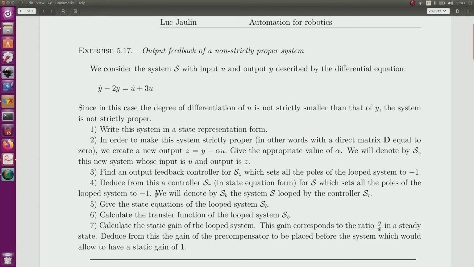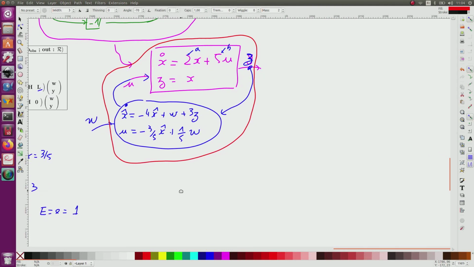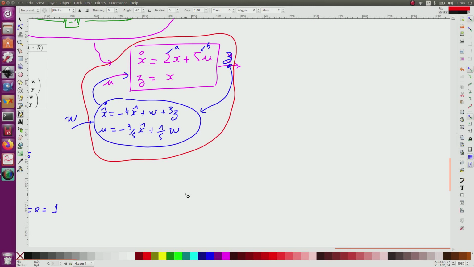Question number 4, I have to deduce a controller for my initial system. Okay, so indeed my initial system was not this one. It was given, recall, by x dot equal 2x plus 5u and y equal x plus u. It was my initial system, and in my initial system there is no z.